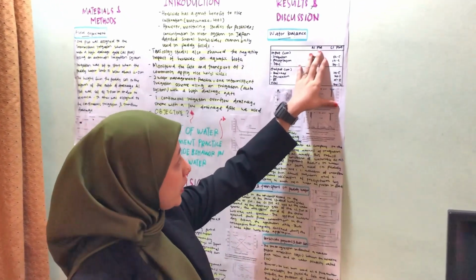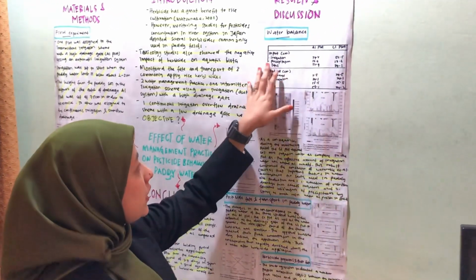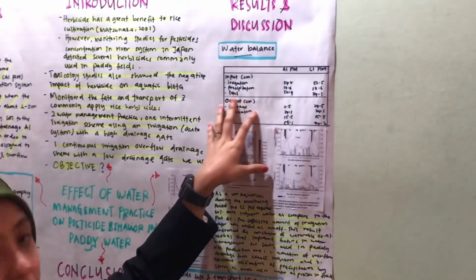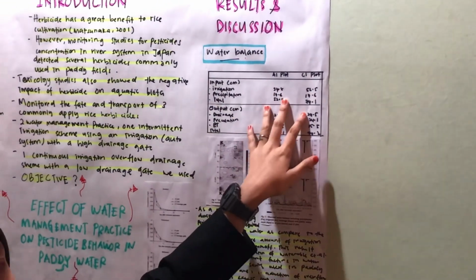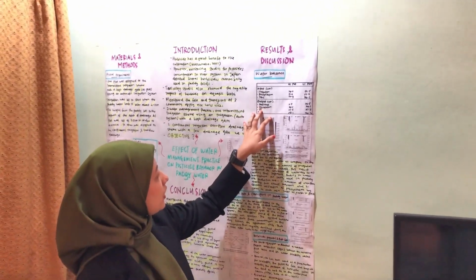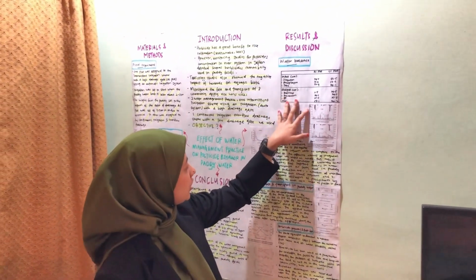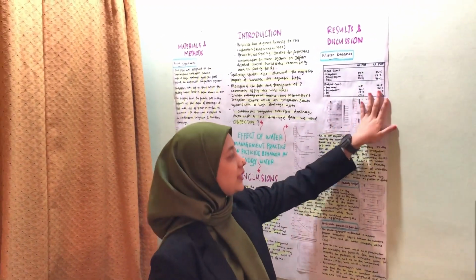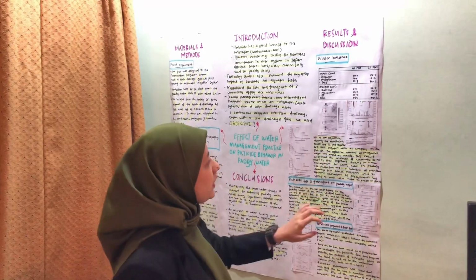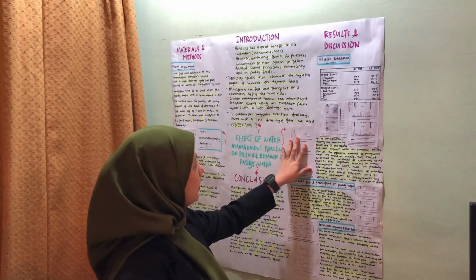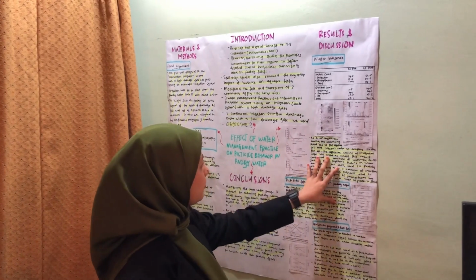We have the AI plot and the CI plot, with irrigation, precipitation and total, and then output: drainage, percolation, ET and total. And then I have a graph to show the water balance.